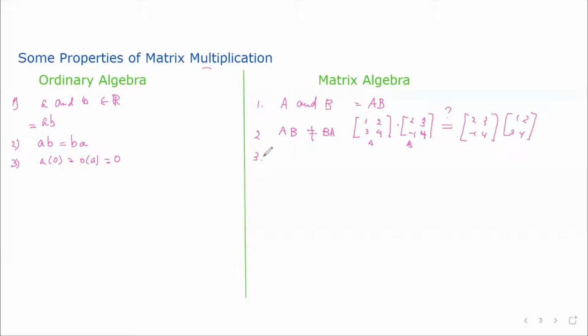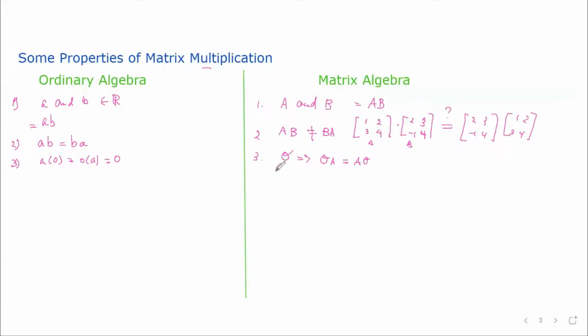And then also number 3 for the matrix. If we give this O as a matrix, then the matrix O times A will equal matrix A times matrix O, no?